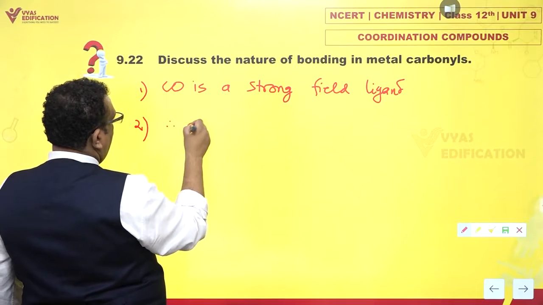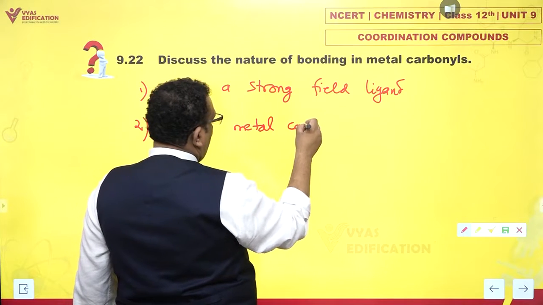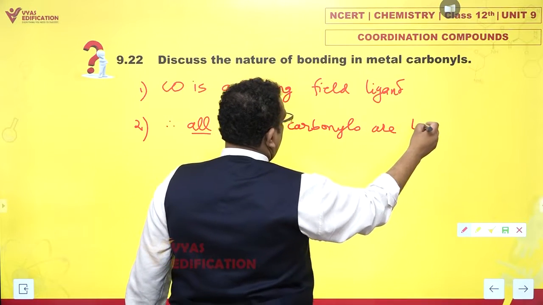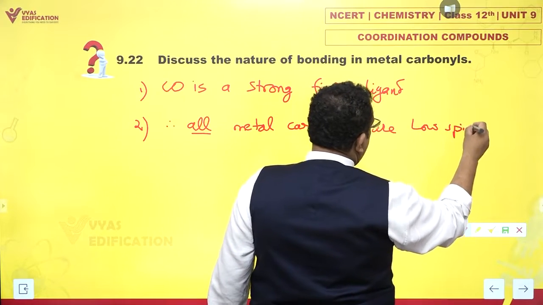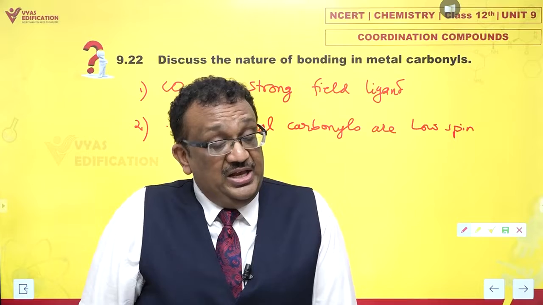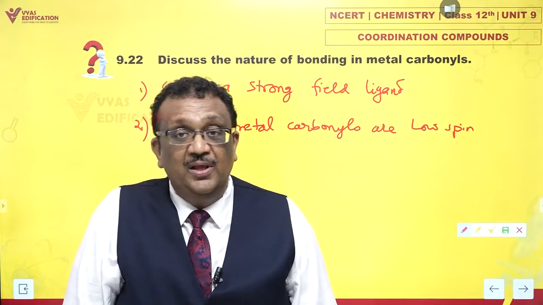Hence, all metal carbonyls are low spin complexes. So they cause pairing of electrons. Yes, if there is a possibility, they always cause a pairing of electrons.